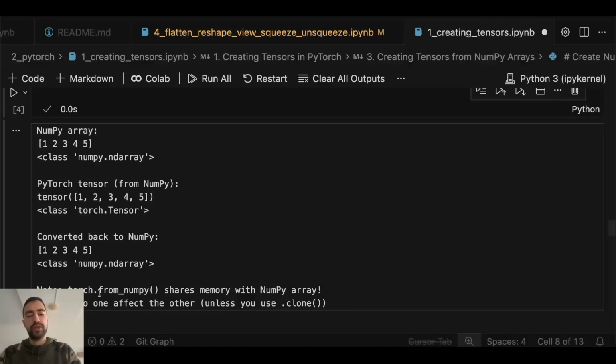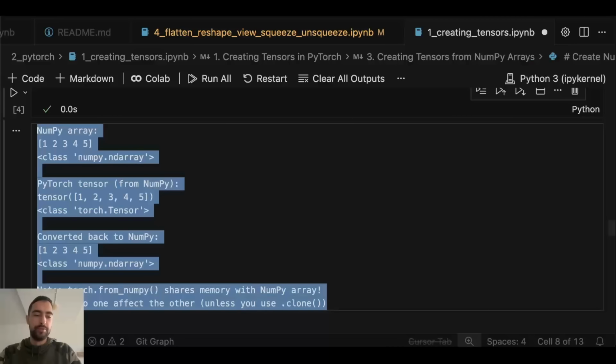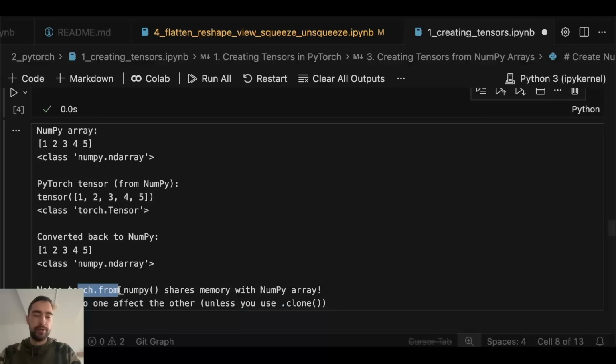When you use torch.from_numpy, it shares the memory with the numpy array. So when you change this new torch tensor, it will also change the original numpy array variable. If you clone, that will create a separate copy, so then the numpy array and the tensor will be separate.